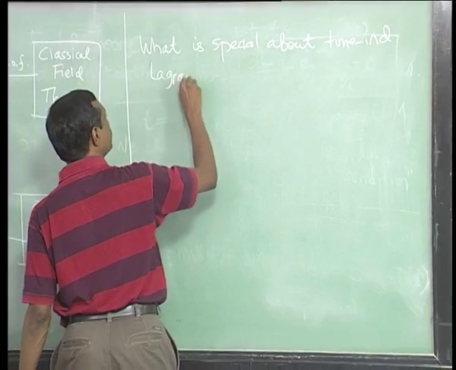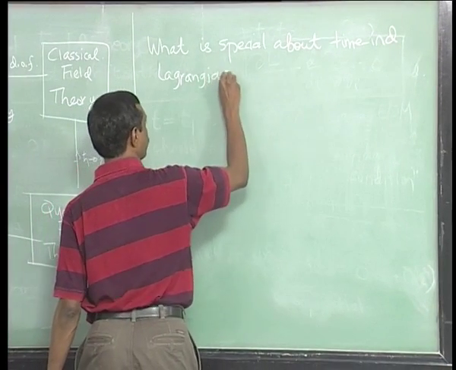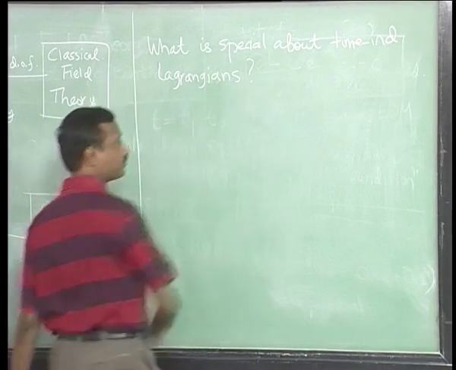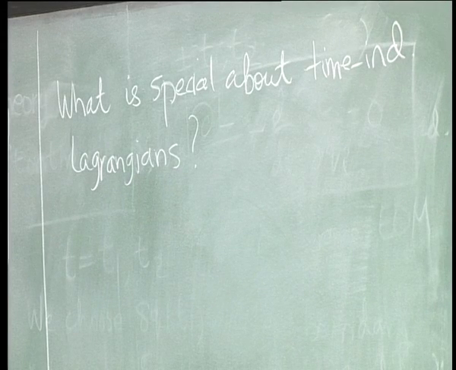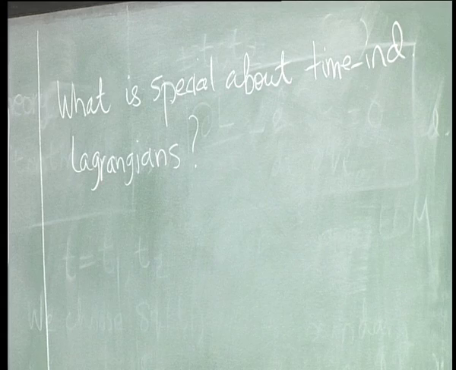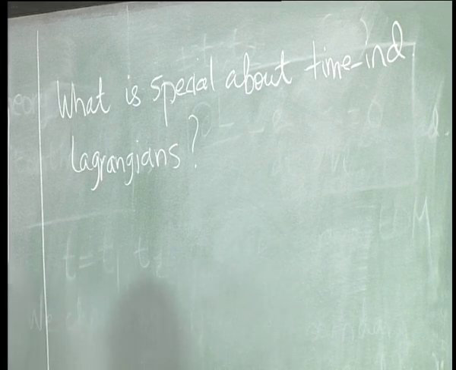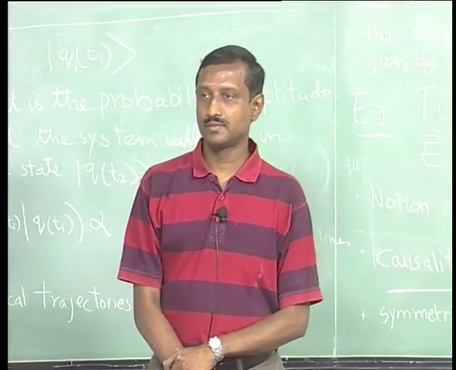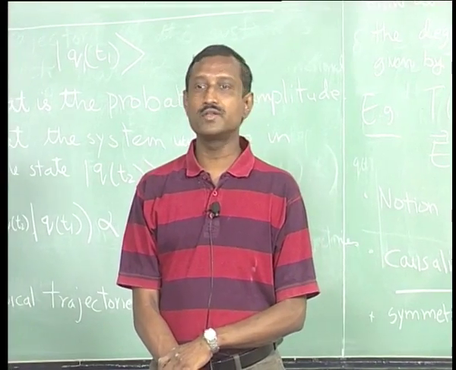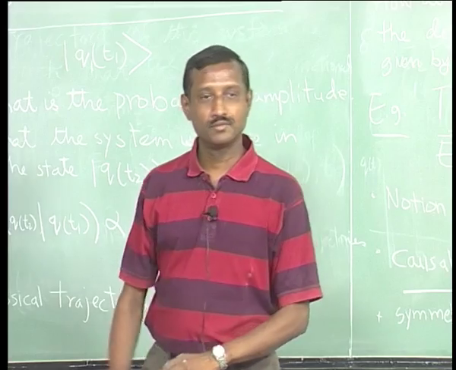That means there is no explicit time dependence. Does anybody know what is special about time independent Lagrangians which do not have explicit time dependence? They have a constant of motion.